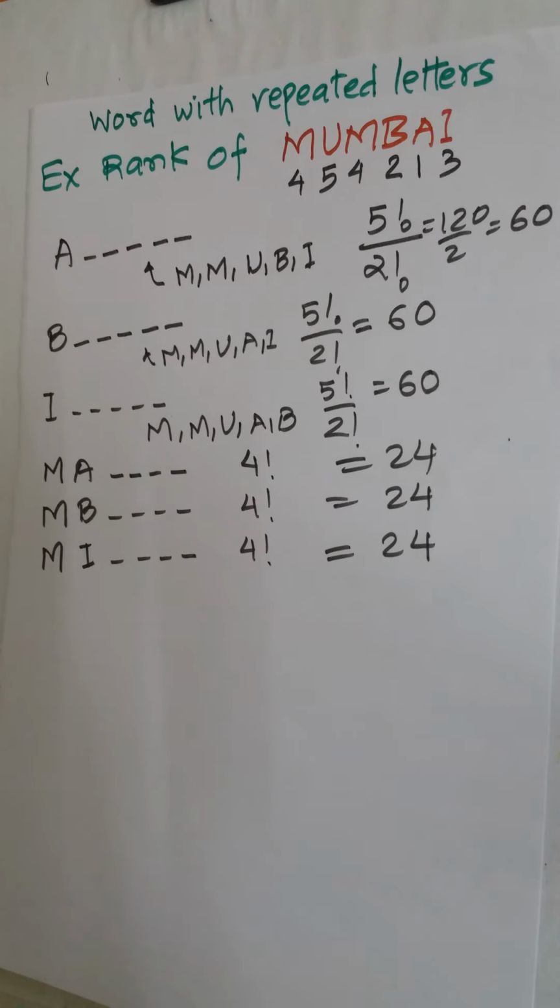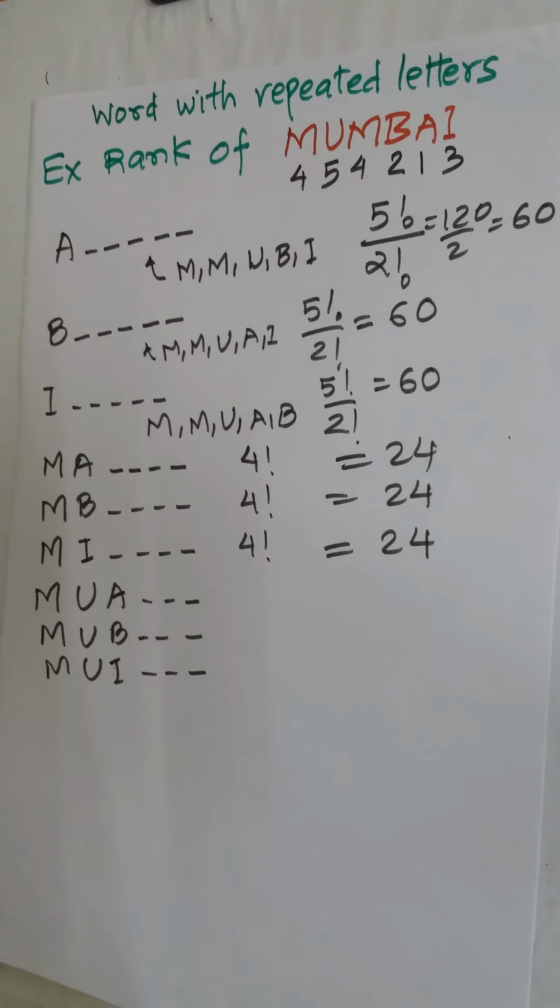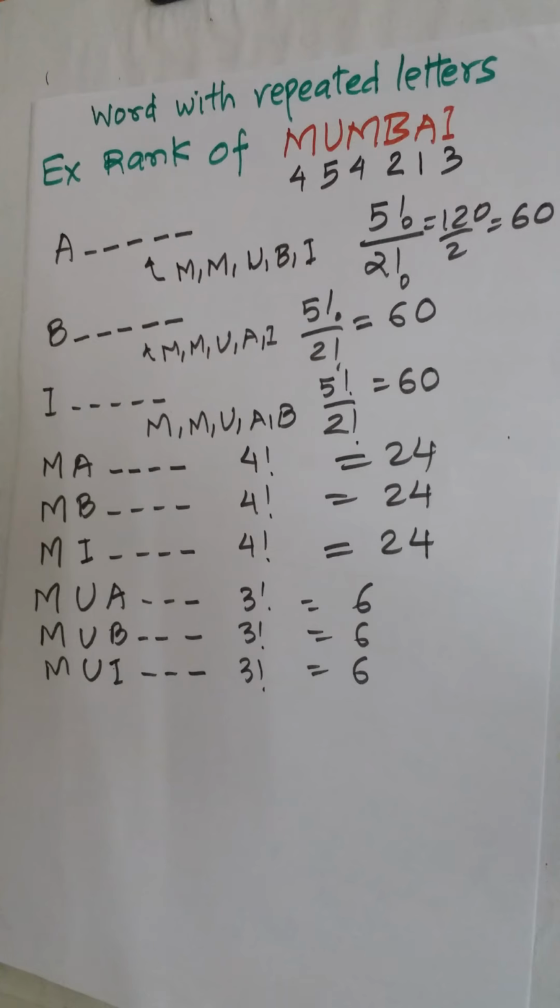After I, M gives, after MU we have M followed by, and after U comes A. So MUA followed by MUB, MUI, again followed by 3 spaces to be filled by 3 distinct remaining letters in how many ways? Yes, 3 factorial, which is 6.